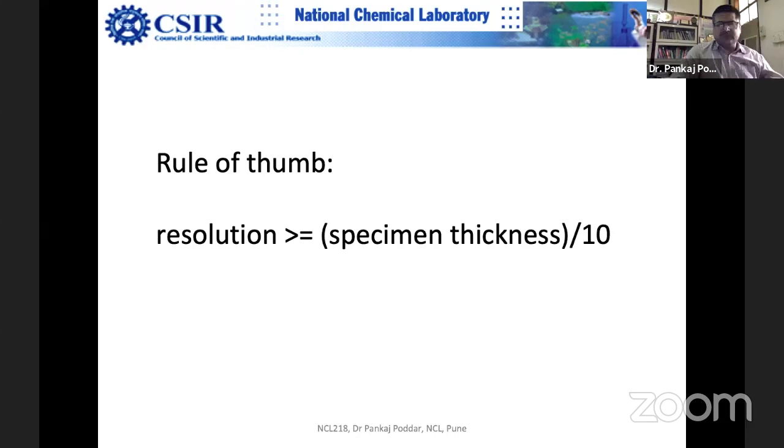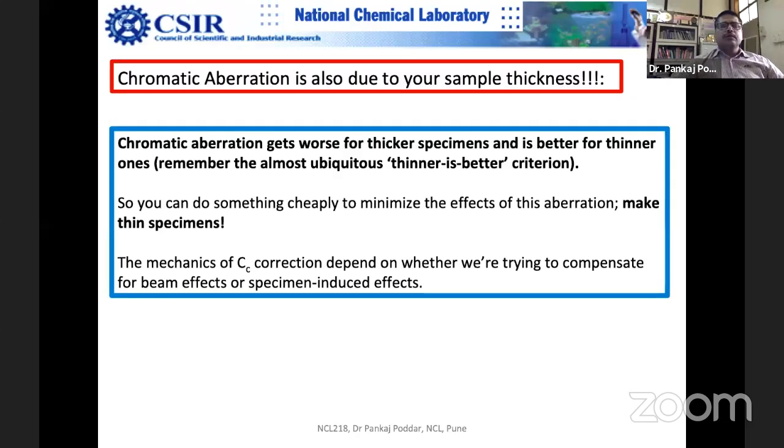This is only for the chromatic part. There are other parts, as you know, which will limit, like the spherical part. So this is worse for a thicker sample.